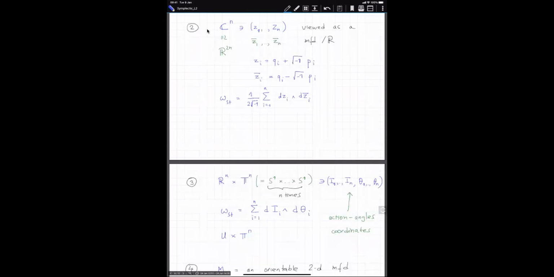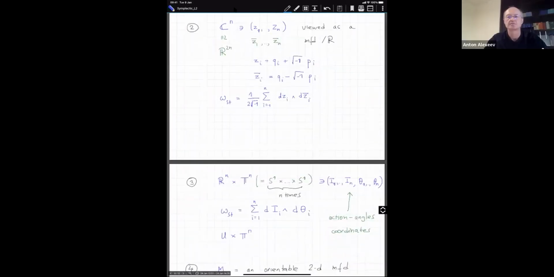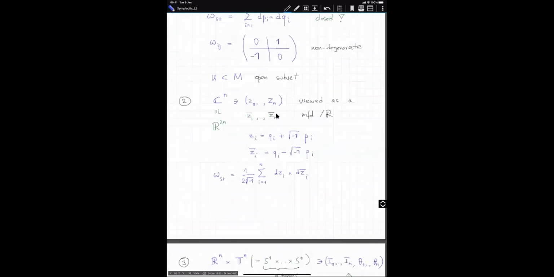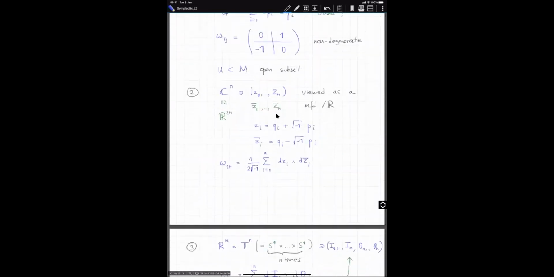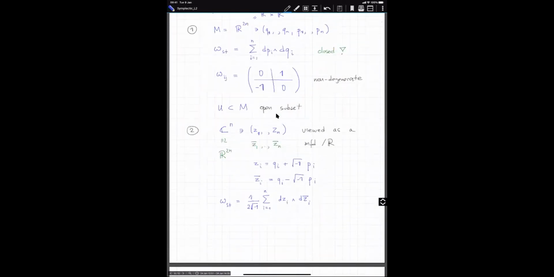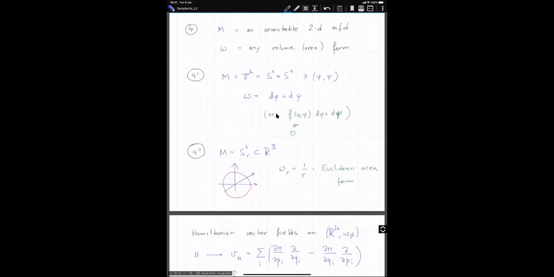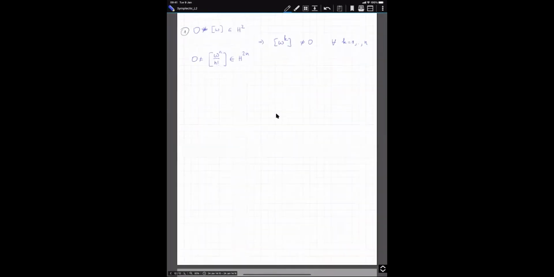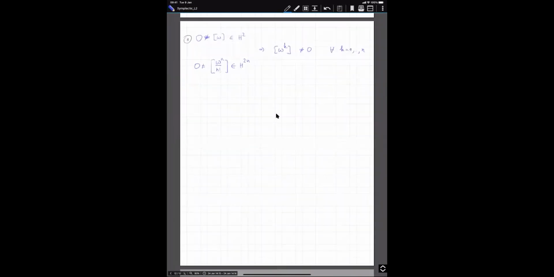And the last one is a counterexample. The example of S2 cross S4 is, I guess, a good example of a non-symplectic manifold where all even dimensional cohomology is not 0. Is it non-symplectic? Can we just take d phi times d psi plus functions for S4?